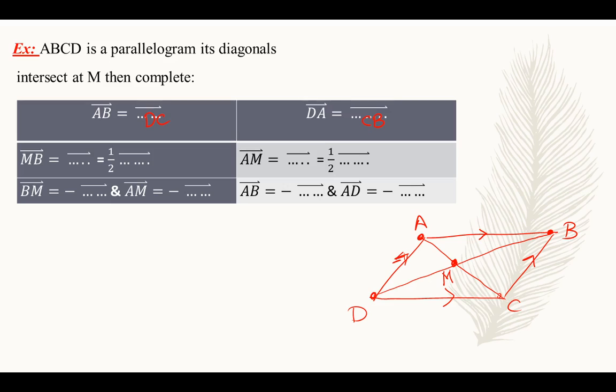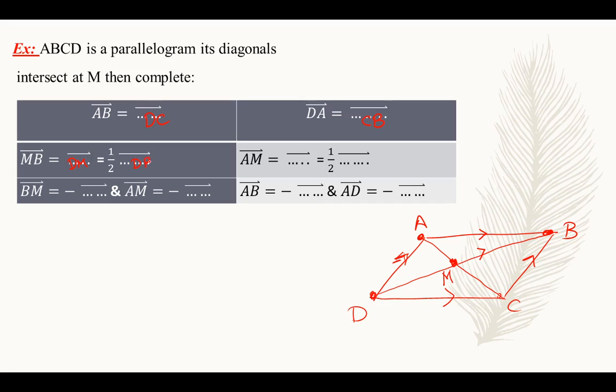And what about MB? The directed line segment MB has its initial point M and its terminal point B. So MB is equivalent to DM, and half the directed line segment DB.